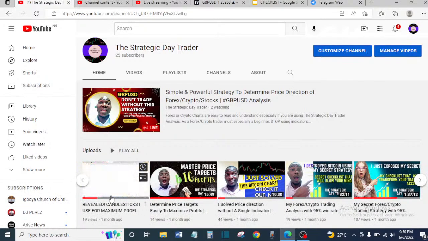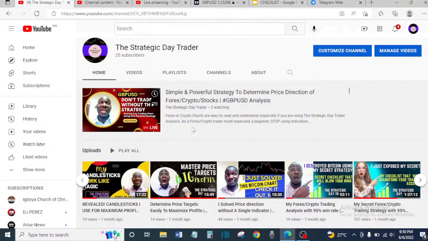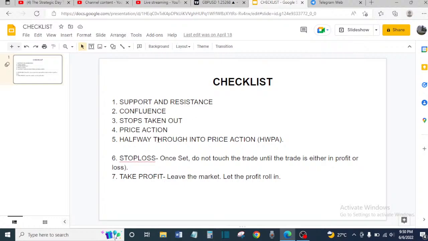They work like magic. So you see the candlesticks that I usually use for my price action. Alright, let's check what we have here.